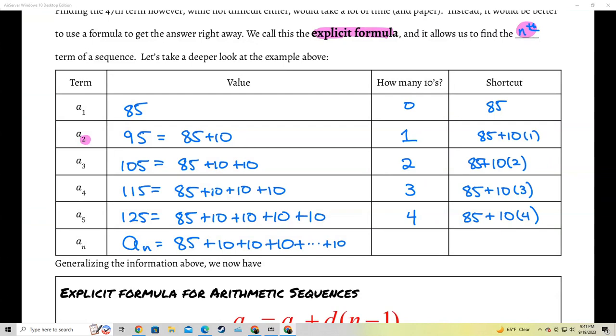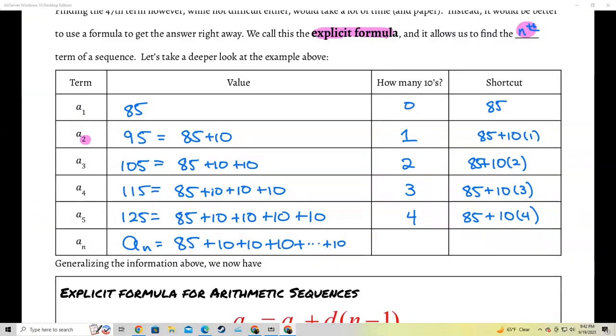How many 10s did I add on the second term? Well, actually, let's start with this. On the first term, how many 10s did I add? I added none. On the second term, how many 10s did I add? I only added 1. What about on the third term? How many 10s did I add? I added 2. You know what? Let me highlight that a different way.